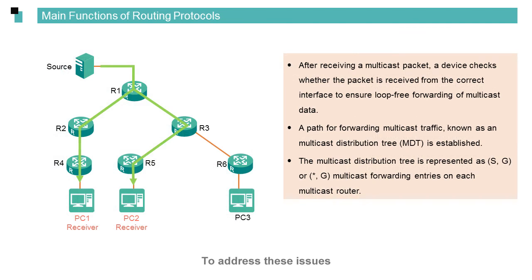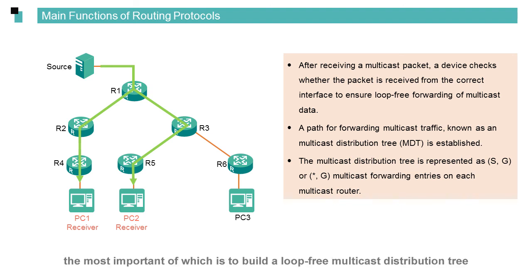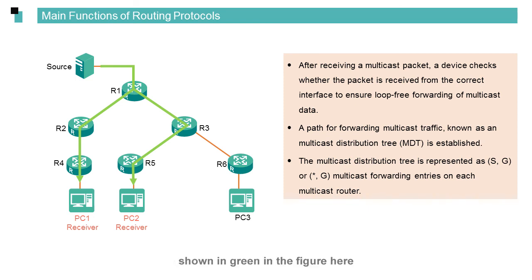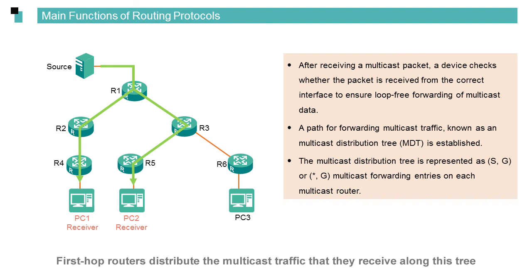To address these issues, multicast routing provides three key functions, the most important of which is to build a loop-free multicast distribution tree, shown in green in the figure here. First-hop routers distribute the multicast traffic that they receive along this tree.